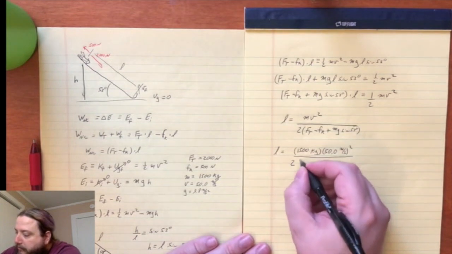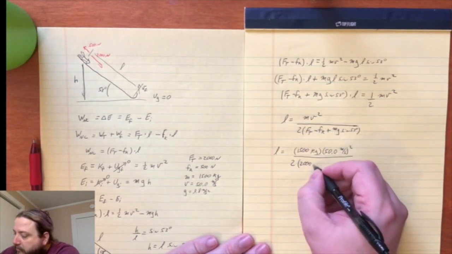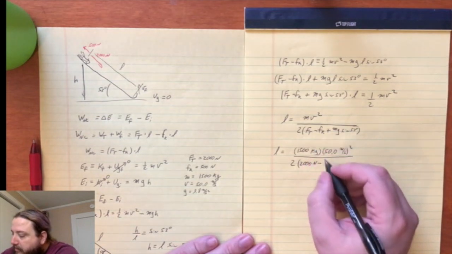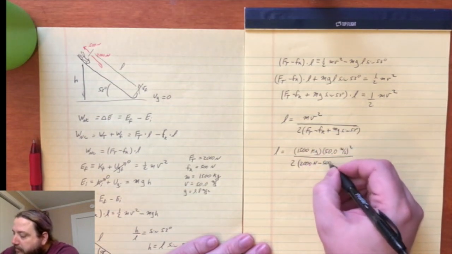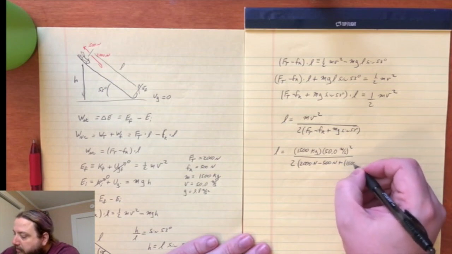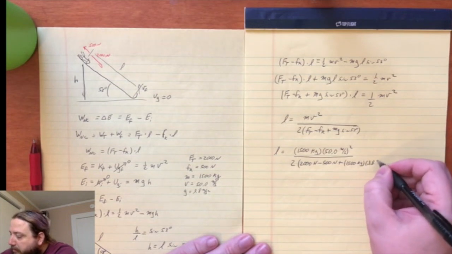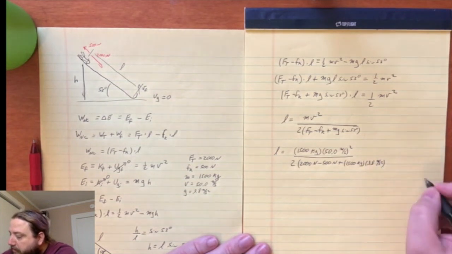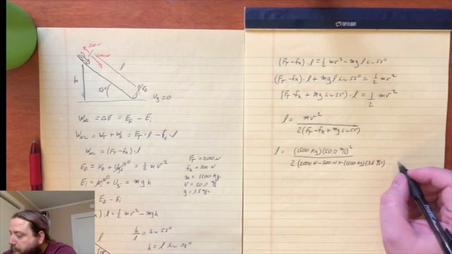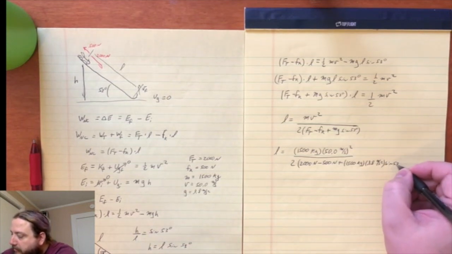On the bottom we have 2,000 newtons minus 500 newtons plus 1,500 kilograms times 9.8 meters per second squared times the sine of 53 degrees.